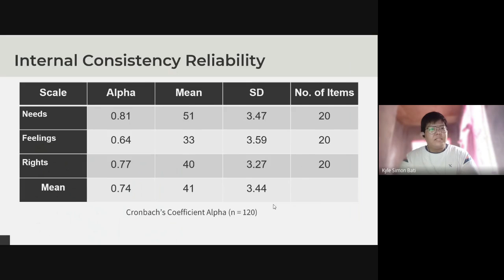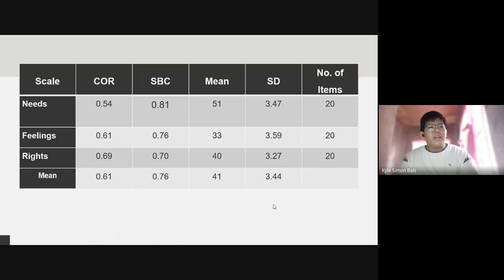Next slide, please. After that, we use the split-half correlation method and the Spearman-Brown coefficient. The split-half correlation method was developed using a total of 20 statements from each aspect.